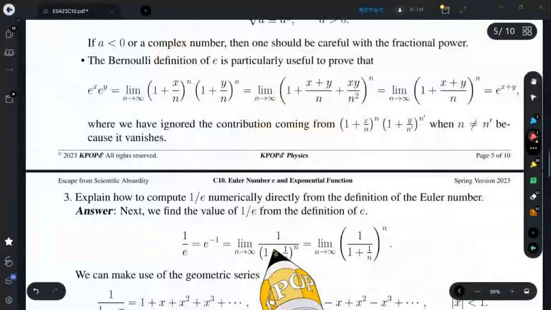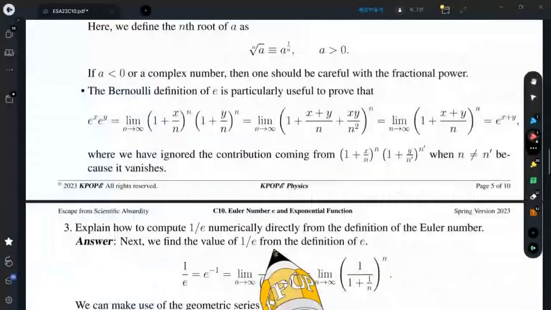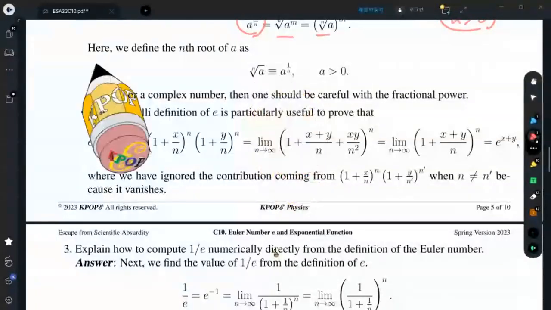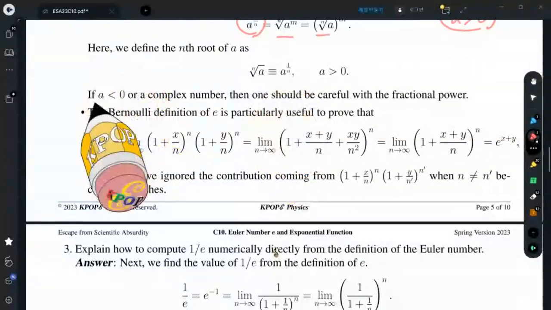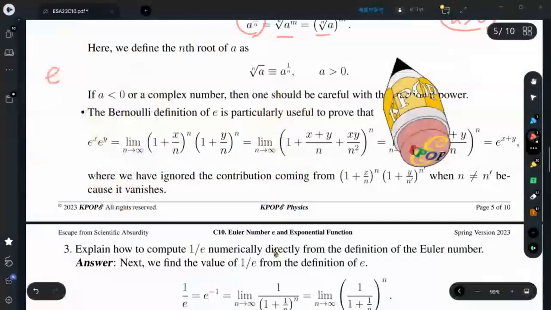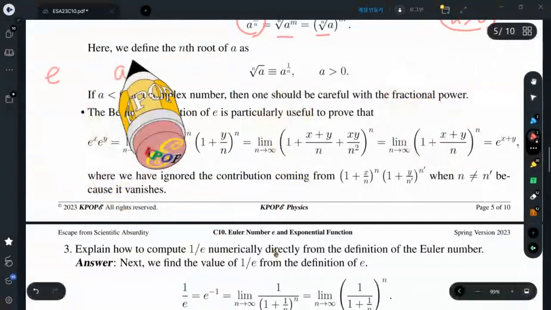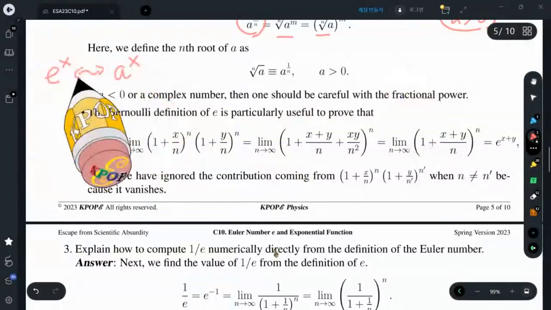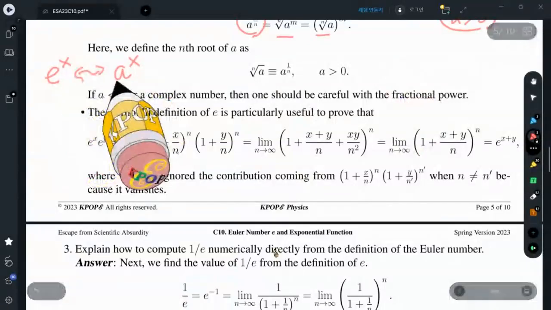For example, among various a, there is a special number that is e. a to the x and e to the x have a very similar nature.